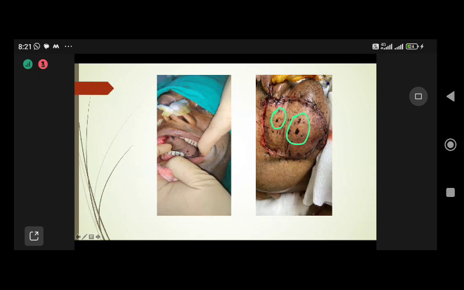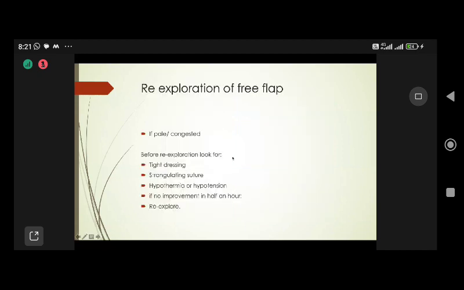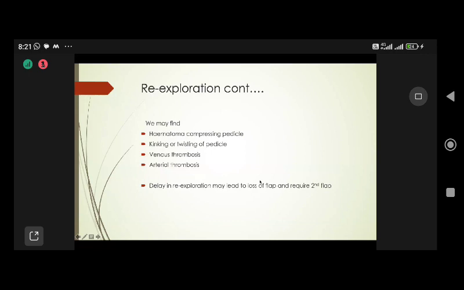So in that case, before exploration, we look for a tight dressing or strangulating sutures. If there, we remove them. Then hypothermia or hypertension is corrected. And if no improvement in half an hour, we re-explore the wound. We may find hematoma compressing the pedicle. We evacuate the hematoma.